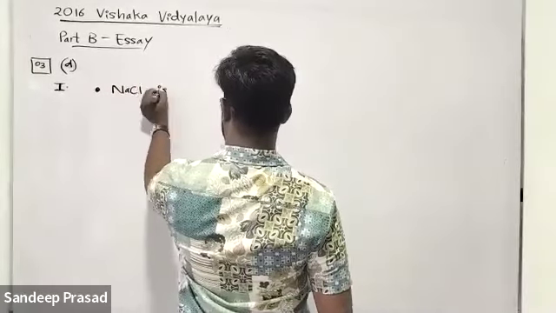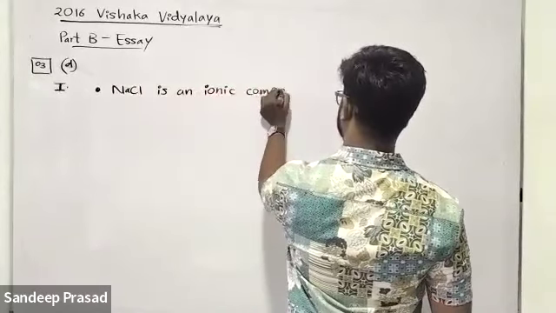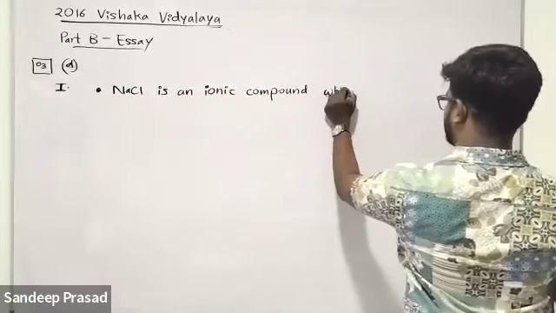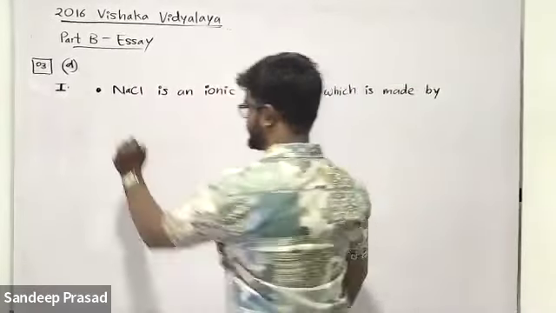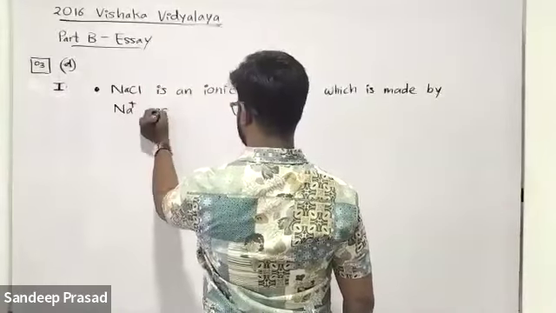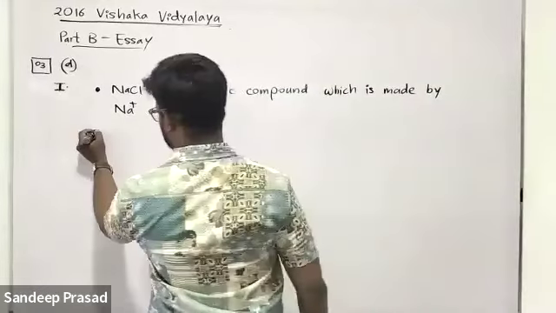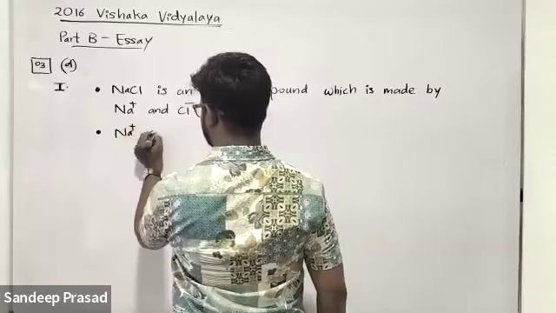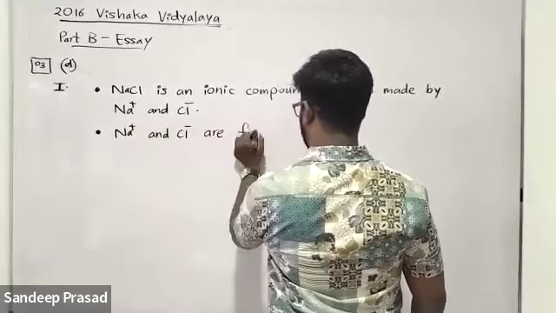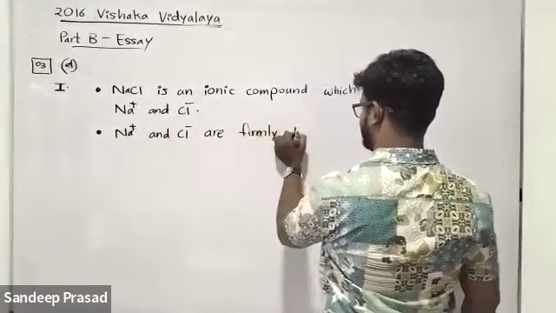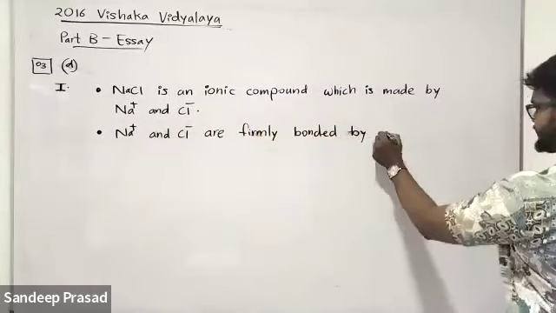Sodium chloride is an ionic compound, which is made by Na+ cation and Cl- anion. Na+ cation and Cl- anions are firmly bonded by electrostatic attractions.